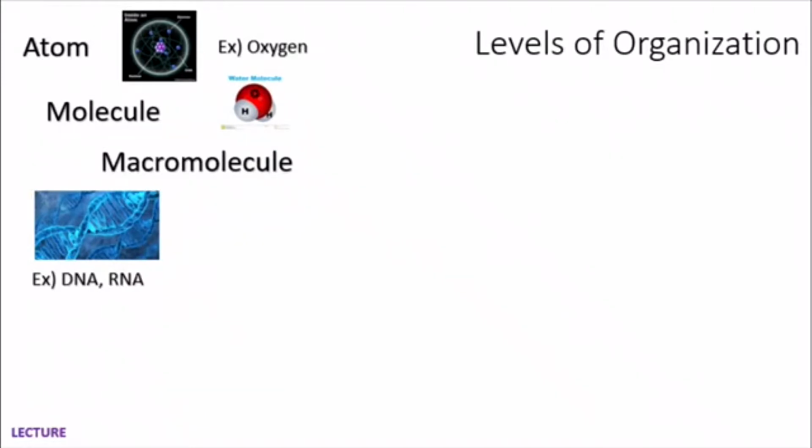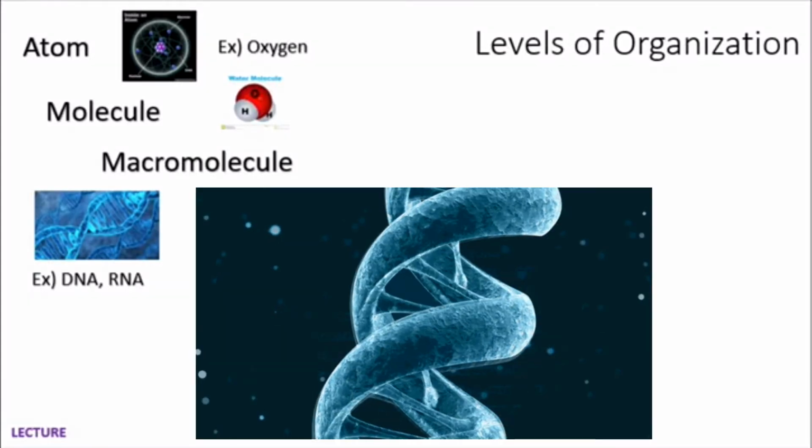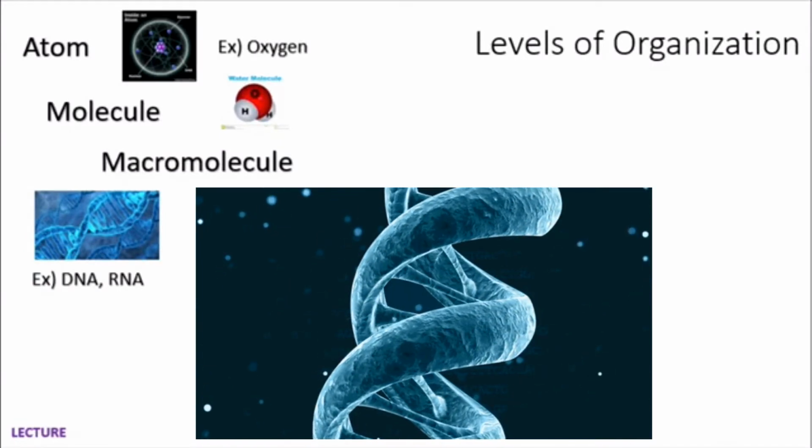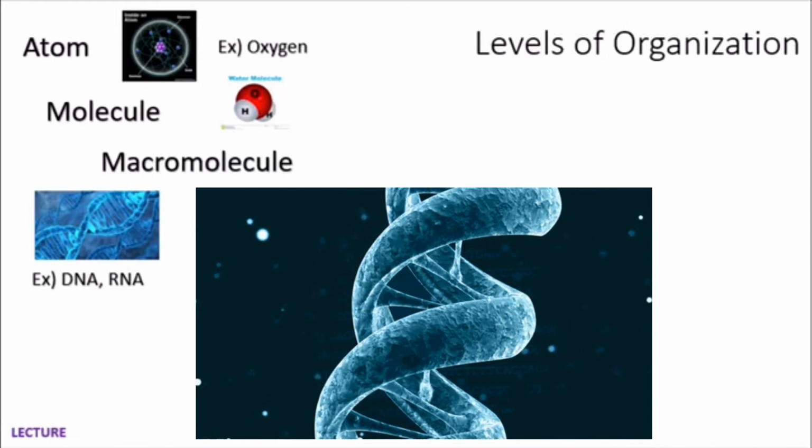Molecules will come together to form macromolecules. In chapter 2, we're going to look at the 4 classes of macromolecules: lipids, proteins, carbohydrates, and nucleic acids. The DNA and RNA in your cells is an example of the macromolecule that is the nucleic acid.